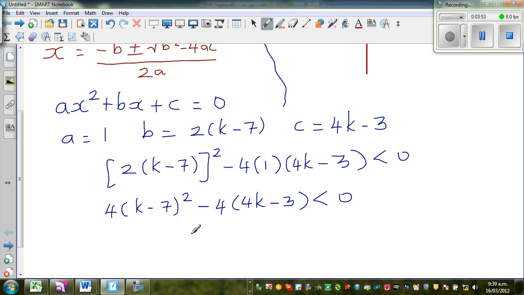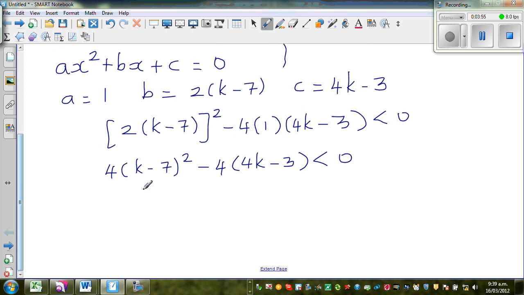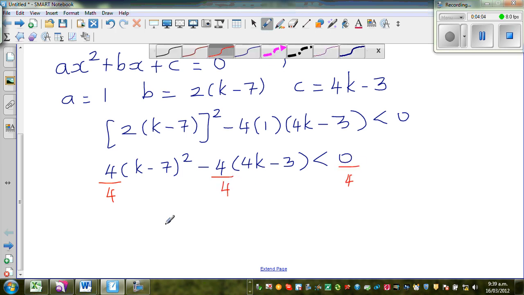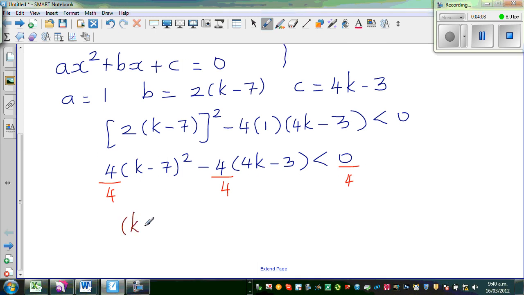The next step, I'm going to divide the whole thing by 4. What is left over is (k minus 7) the whole squared minus (4k minus 3) is less than 0.